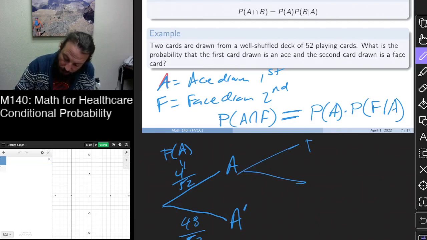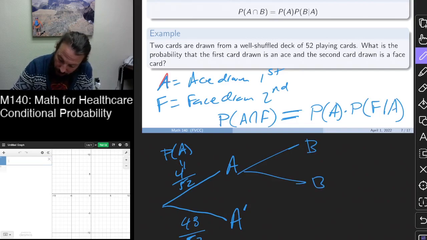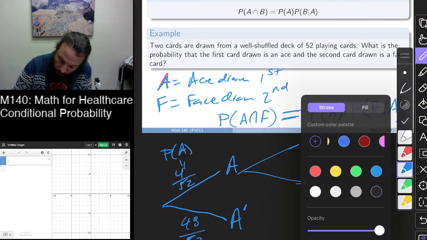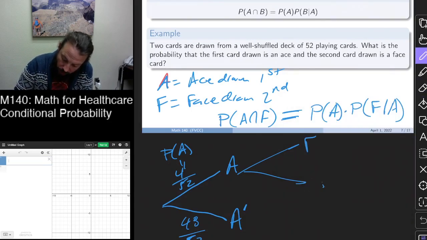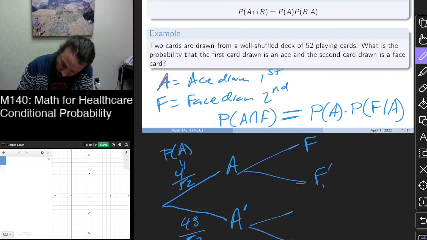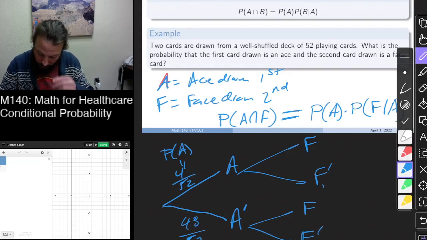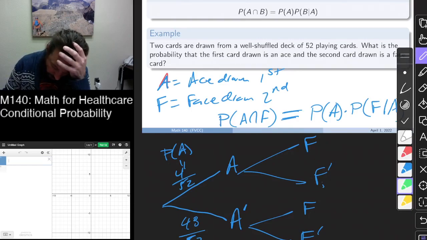Now, we could, not B, we used F, sorry. So now, over here, if we drew an ace first, then we could either get a face card or not a face card. If we did not draw an ace first, we could either get a face card or not a face card. I'm going to use some different color here so we can see it well.